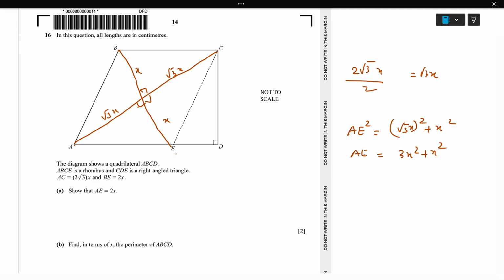So AE equal to square root of 3x square plus x square, 4x square, which is equal to 2x. Square root of 4 is 2, square root of x square equal to x, so which is 2x. So this is the proof for A part. So AE equal to 2x.